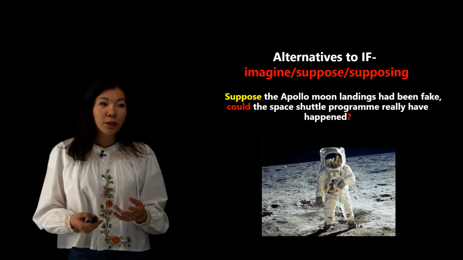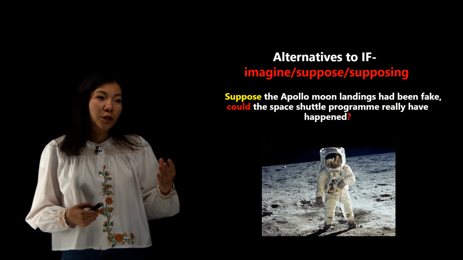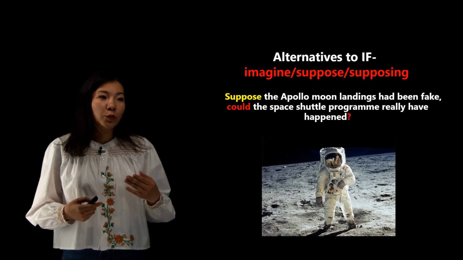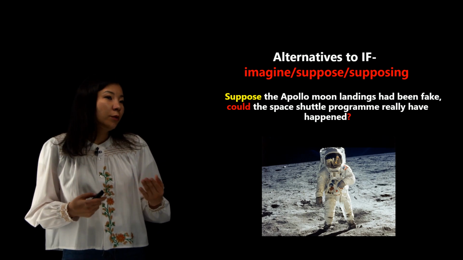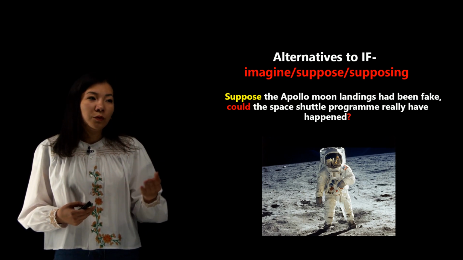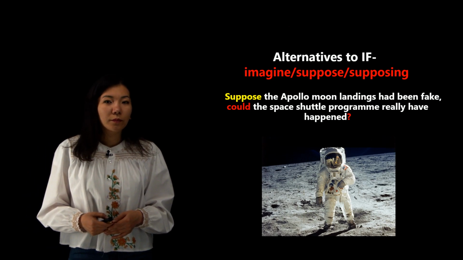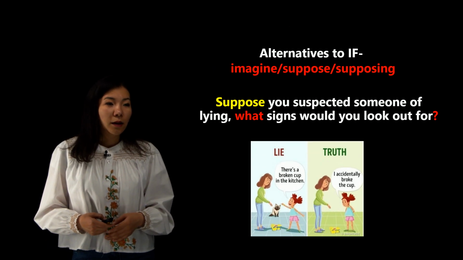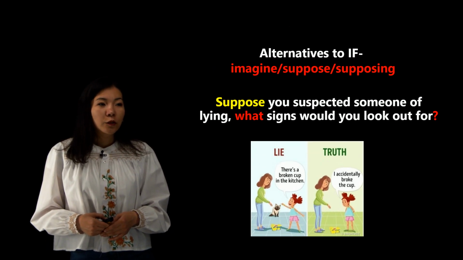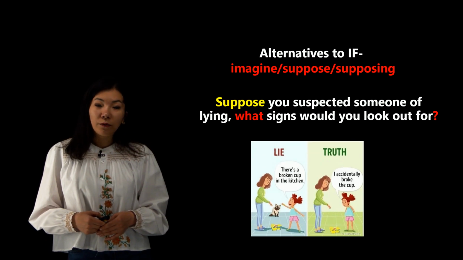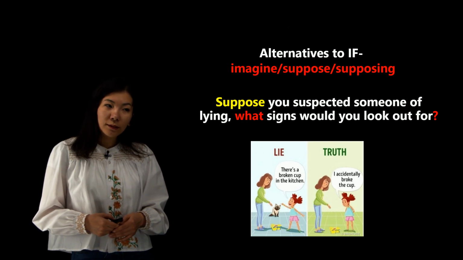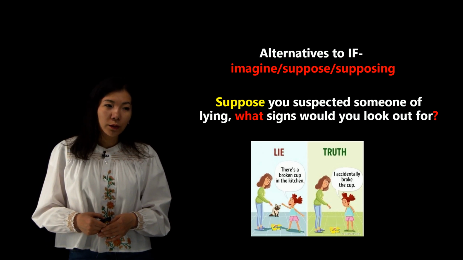So yeah, again here we just change from if to suppose and vice versa. You also could use another alternative to if here. And the other example here we have, suppose you suspected someone of lying. What signs would you look out for?